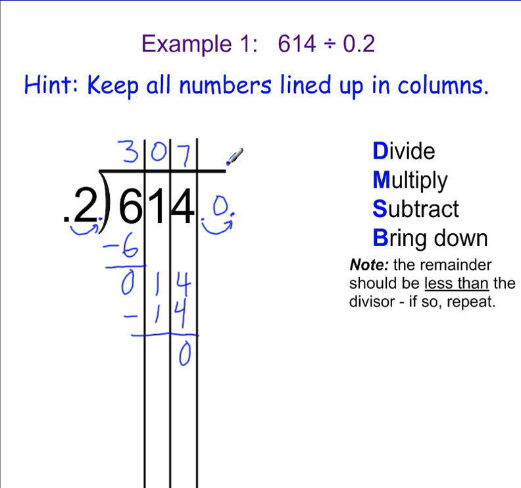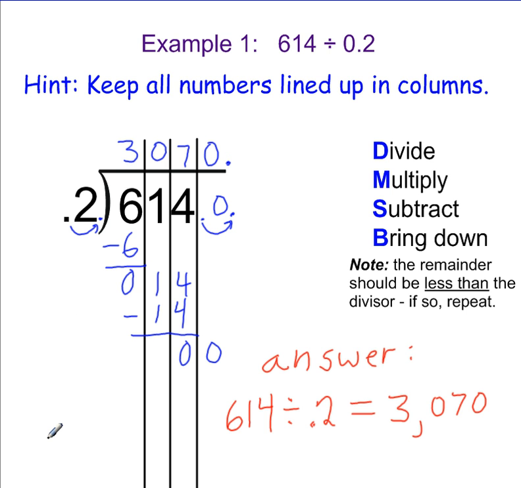But you'll notice that my decimal point is here, and I must have a number above all these numbers. So 2 into 0 goes 0 times. Our answer is 614 divided by 2/10 is equal to 3070.